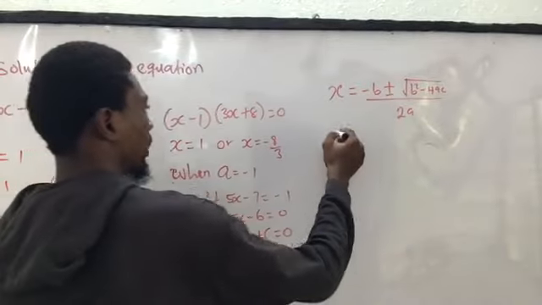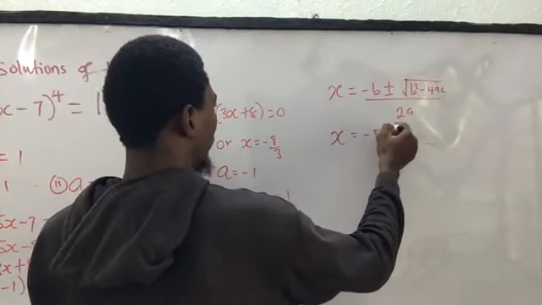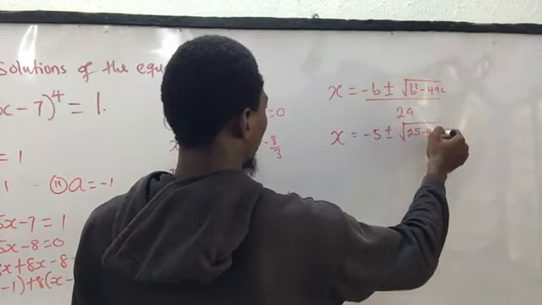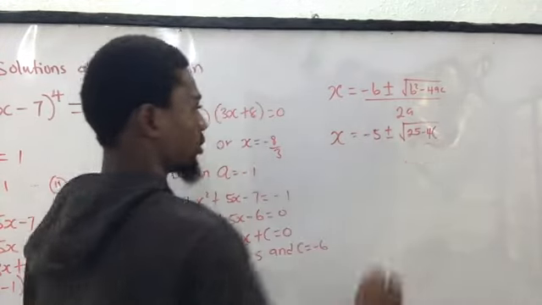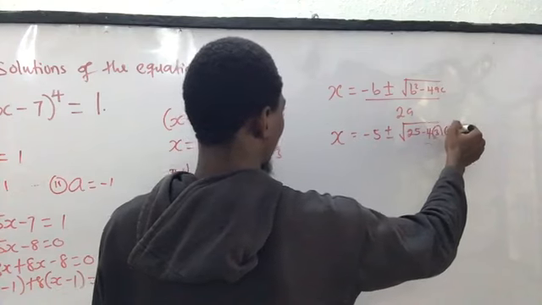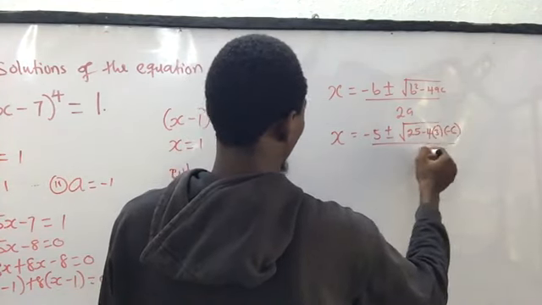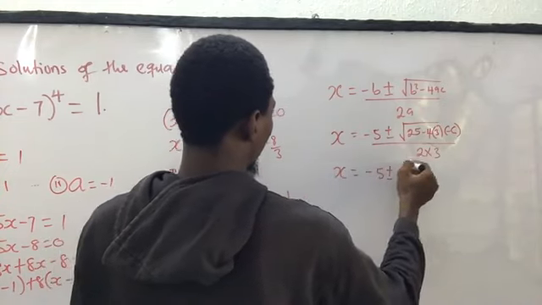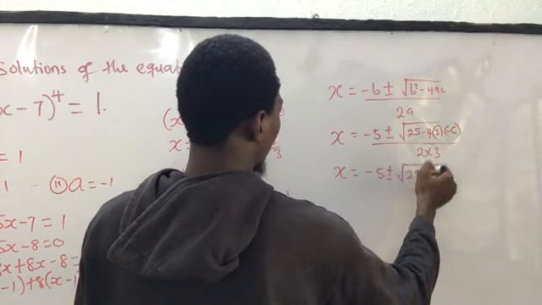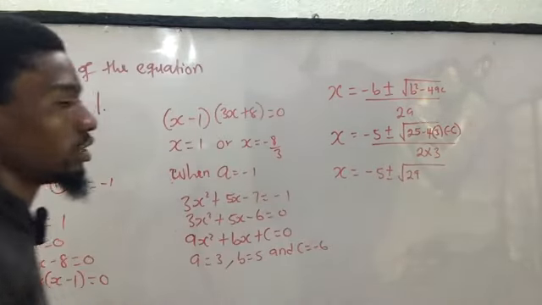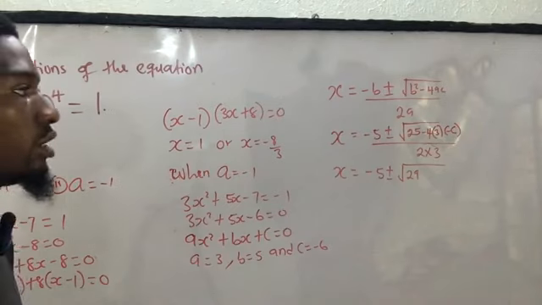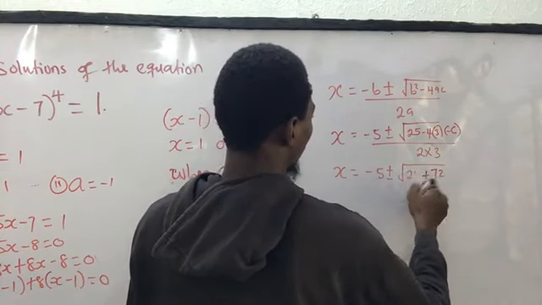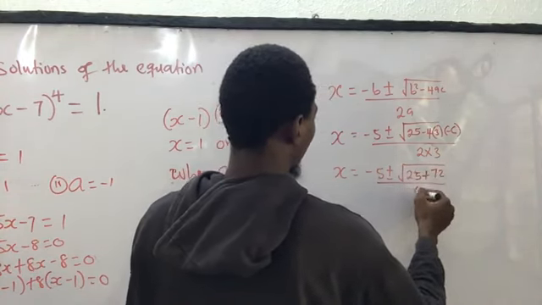So by substituting that, we have x to be minus 5 plus or minus root 5 squared, that's 25, then minus, in bracket, a is 3 and c is minus 6, then 2 multiplied by 3. So you have x to be minus 5 plus or minus root 25, then 4 times 3, that's 12, and 12 times 6, that will give us 72, so we have plus 72, then over 6.